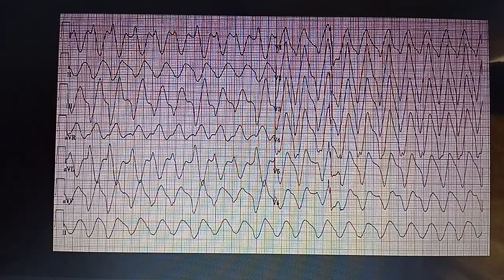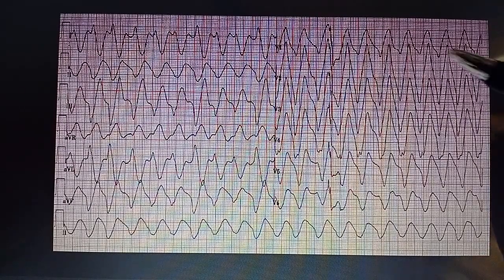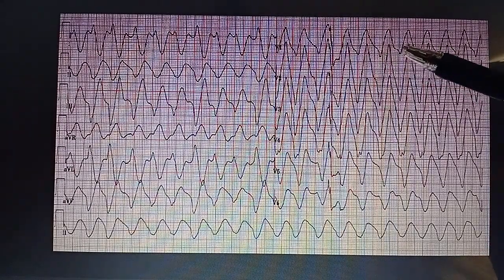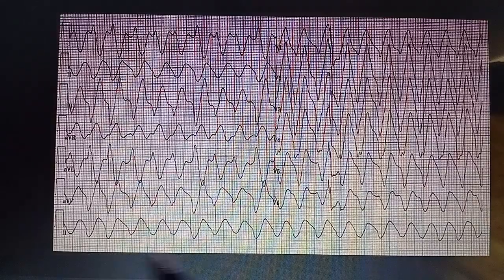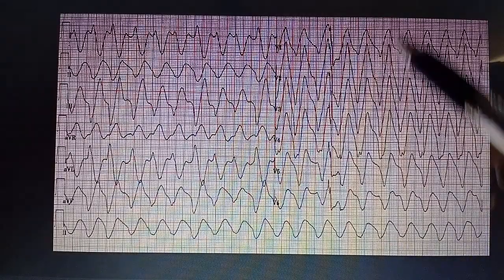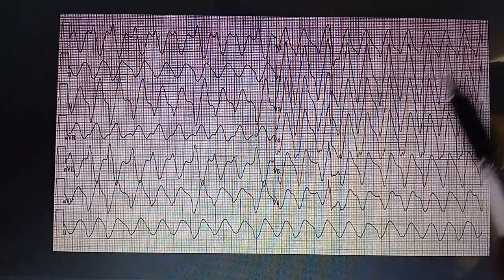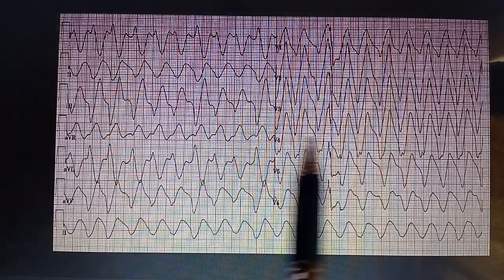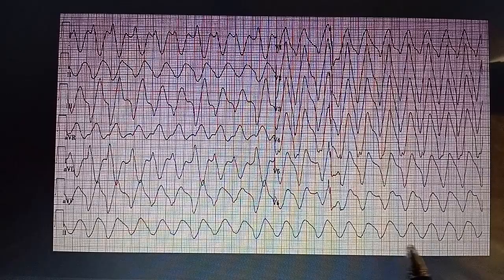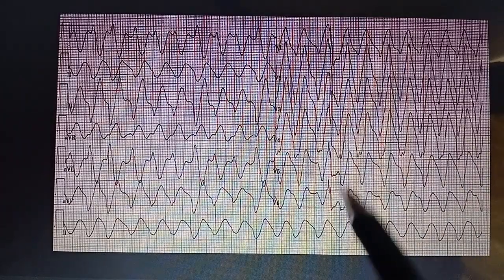Now we have the case of severe hyperkalemia, and as you can see, there are tall tented T waves, which later on are converting into sinusoidal waves. So these are the tall tented T waves. So this is a sine wave ECG pattern, and it is leading towards ventricular fibrillation. There are three main changes that occur in the ECG if the potassium keeps on increasing.